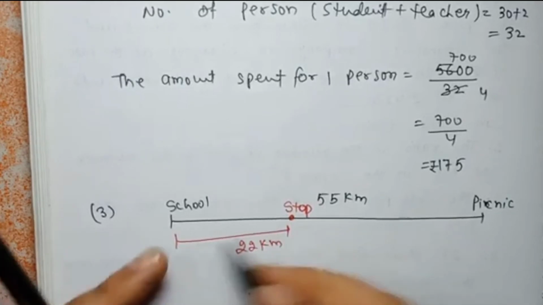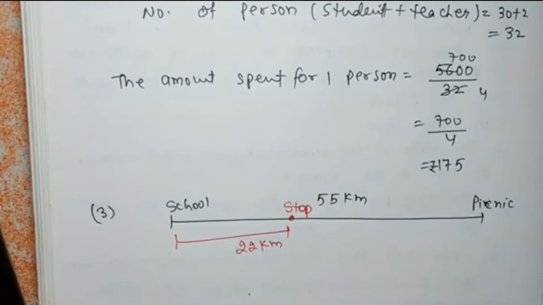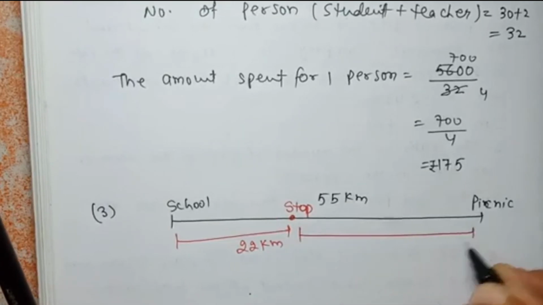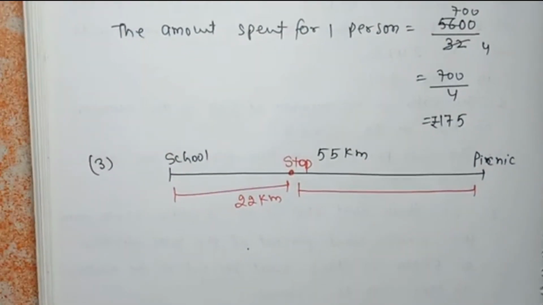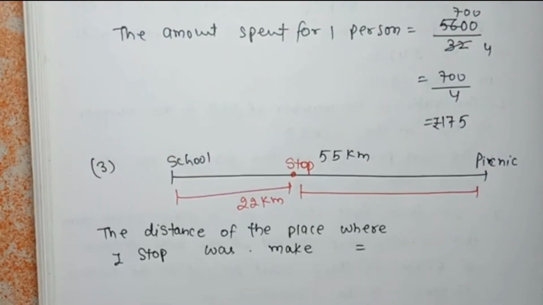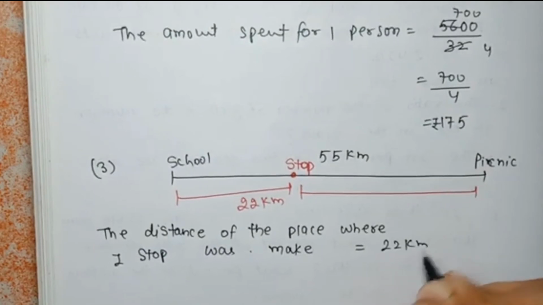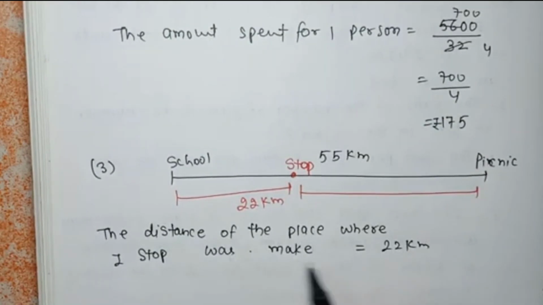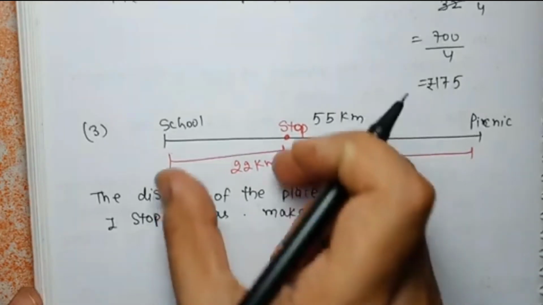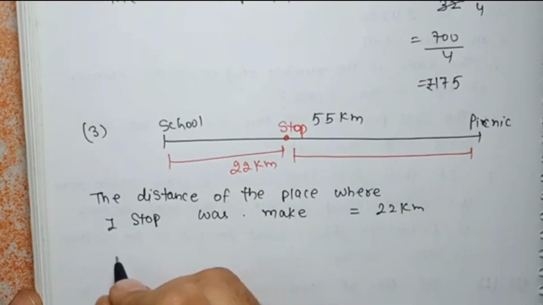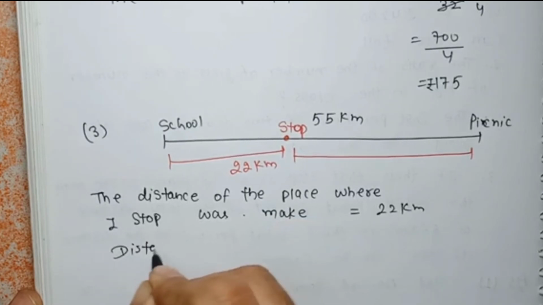We have to find in percentage form the distance from school to the stop, and from the stop to the picnic place. The distance of the place where I stop is 22 kilometer from the school.